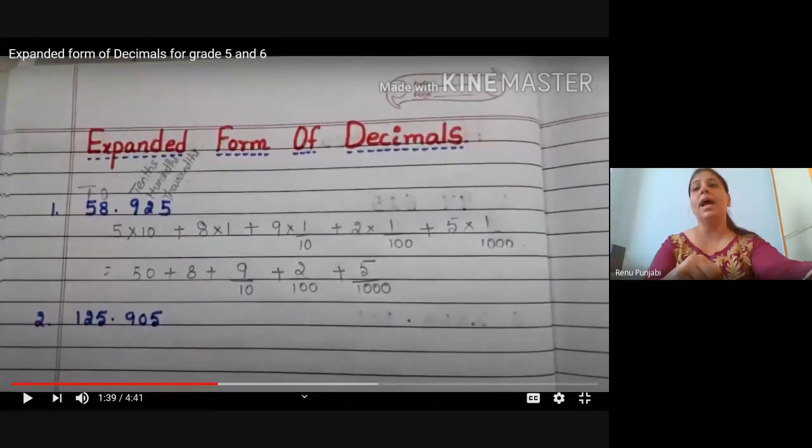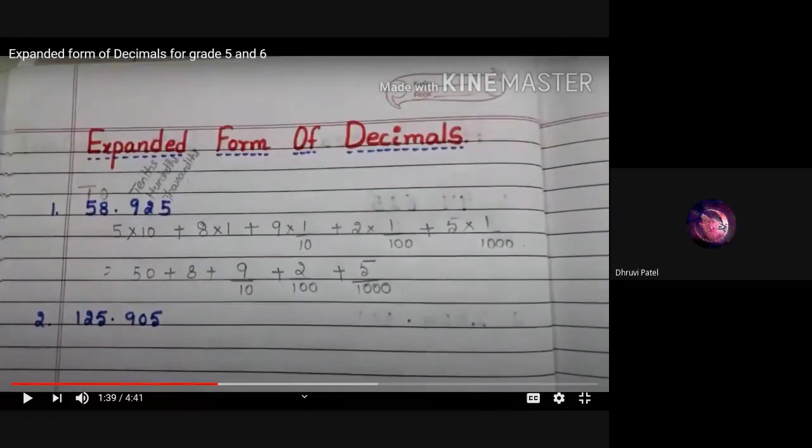Yes, I told you, Devanshi, there are 3 ways. You can write any one way of expanding the number. But in a question, if they are particularly telling you to write with the fractional form only, then you apply that particular method only. Am I clear now?